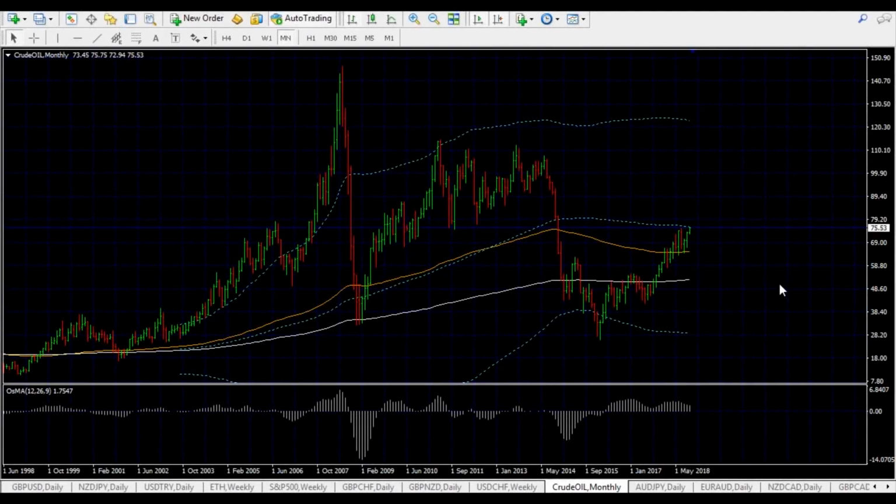Now that we are on our MT4 screen, I'm going to show you in this video how we are going to use multiple time frames to correlate the whole chart together in one big picture.